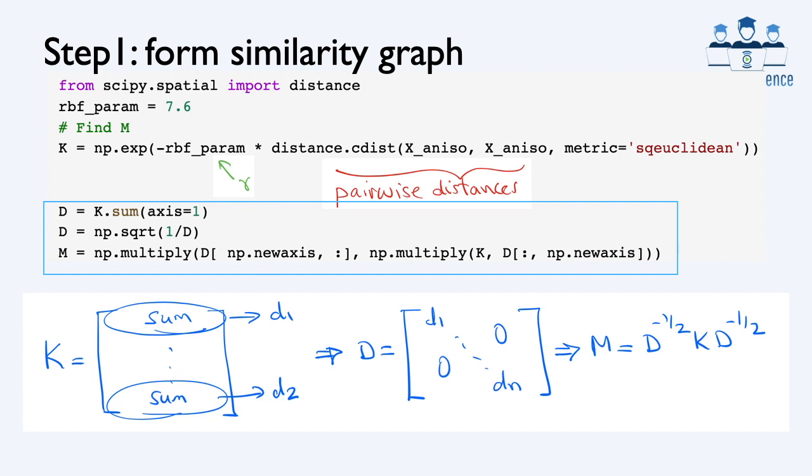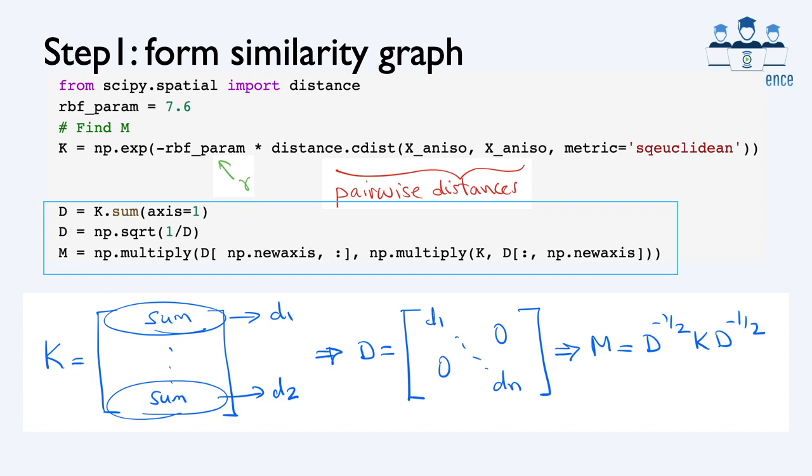That exponential function is also called the radial basis function sometimes, and that's why I call it rbf_param here. And here I just chose some value that I know is going to work, but in general, if you have a new data set that you're going to work with, you have to tune this hyperparameter.